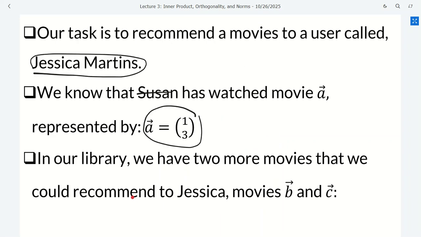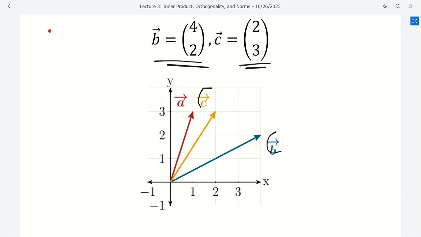This is the movie Jessica watched. You watched movie A, which is 1-3. After watching this movie, Netflix wants to recommend movies for Jessica. They are not sure, but they looked at the movie Jessica watched, and based on this, they will be able to recommend.